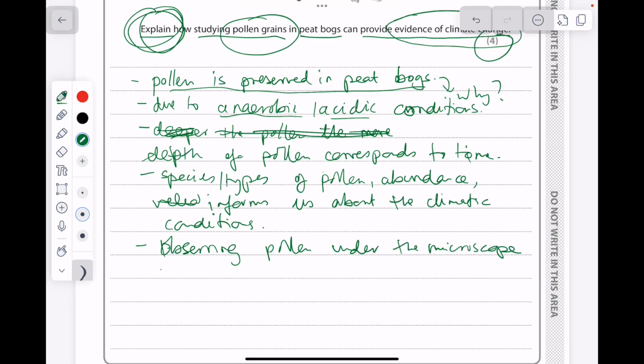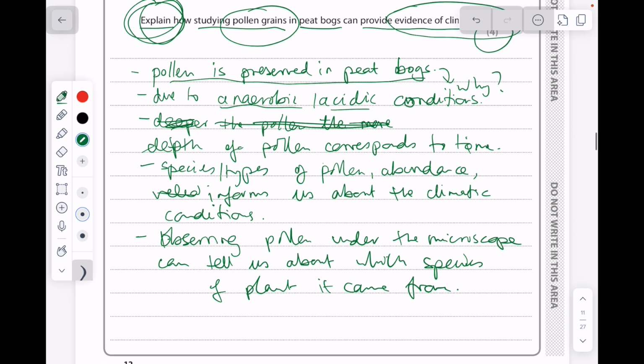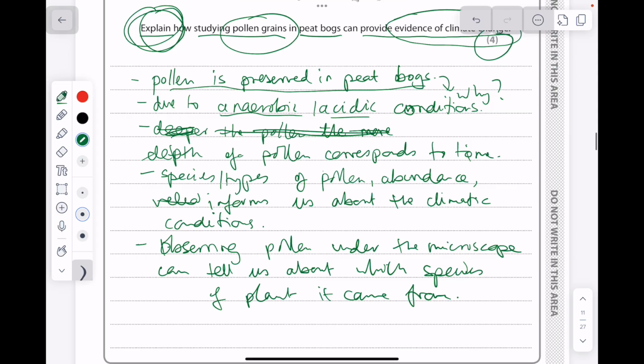Observation of pollen under the microscope can tell us which species of plant it came from. Okay, well, I'm really not liking my answer there.